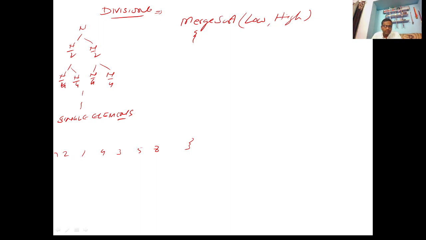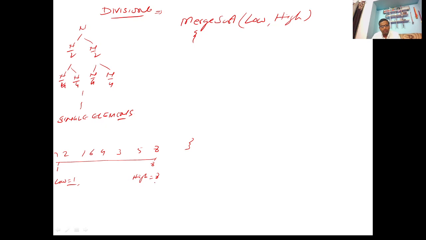This lies at subscript 1, this lies at subscript 8. So low is going to be equal to 1 and high is going to be equal to 8.